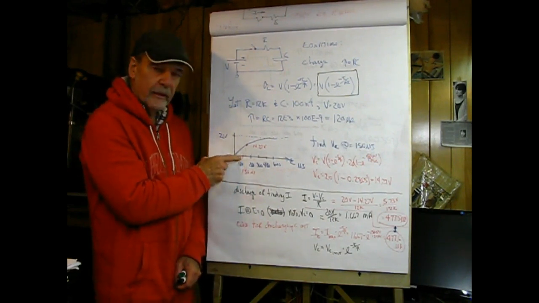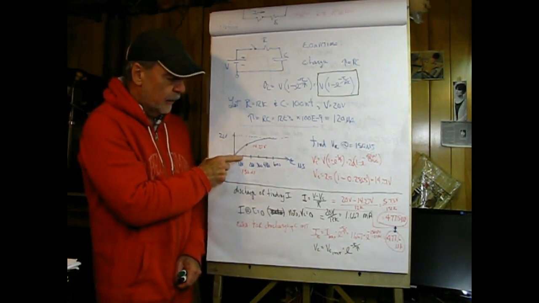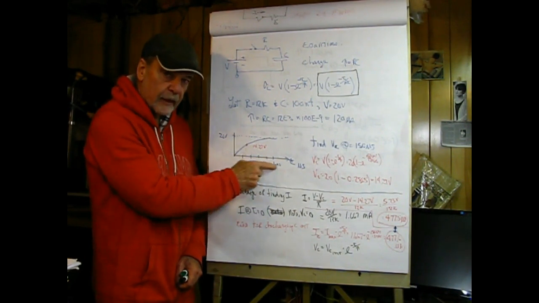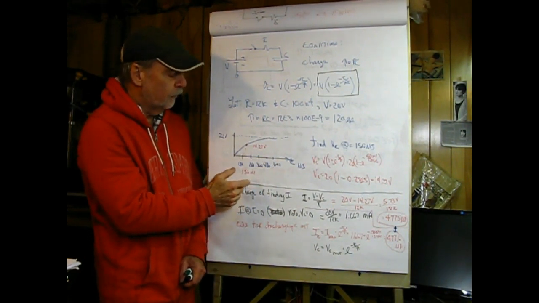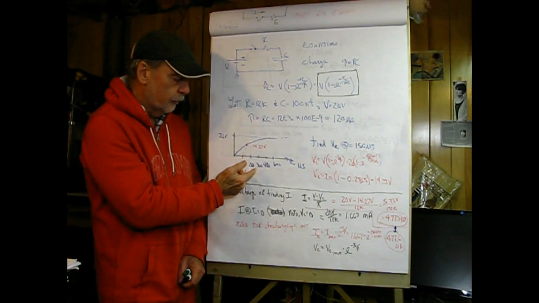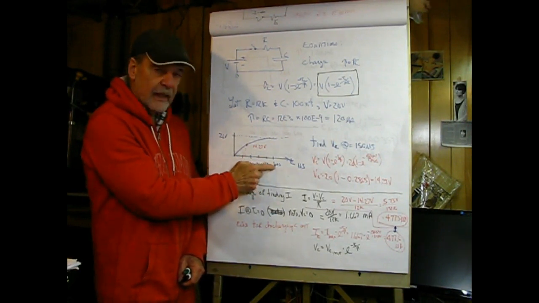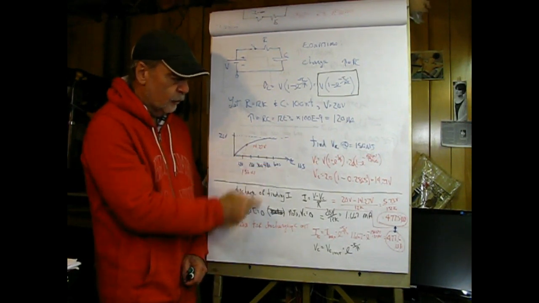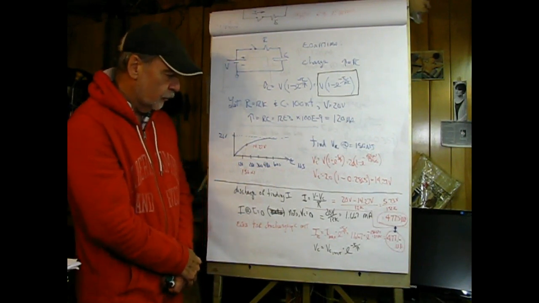So that would be one time constant here. And then I marked off in time constant values, instead of just tau values of 1, 2, 3, and so forth, the actual time. So with 5 time constants, it would be 600 microseconds.